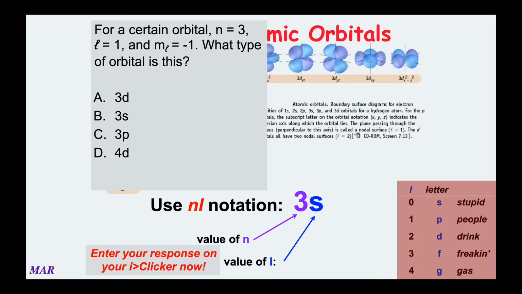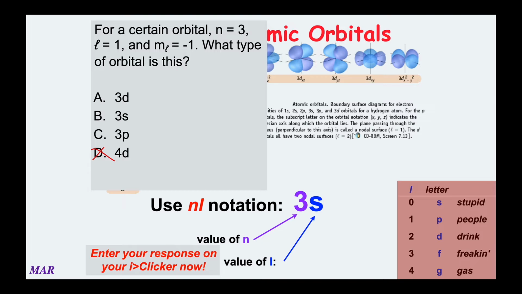Here's a question where it says a certain orbital has N equals 3, L equals 1, M sub L equals -1. What type of orbital is this? Good. So this is the NL notation. N of 3 means the first number will be 3, so it definitely won't be answer D. And what we have to do is figure out what L equals 1 means.